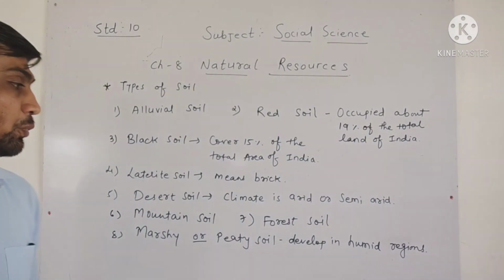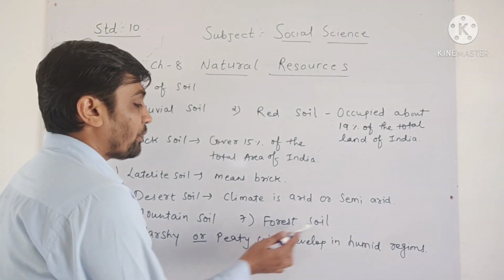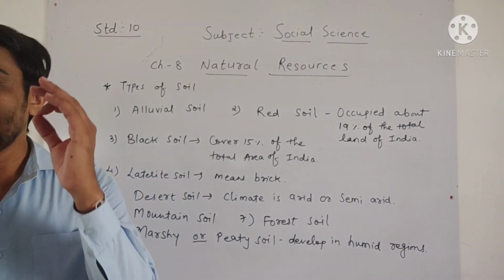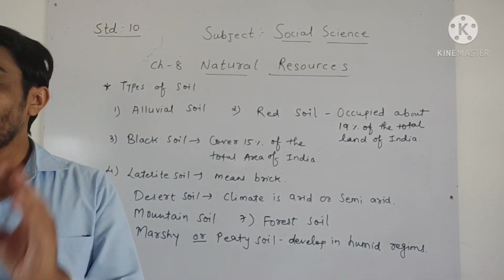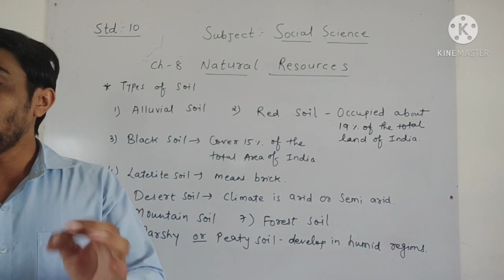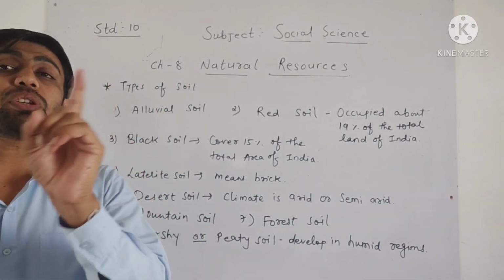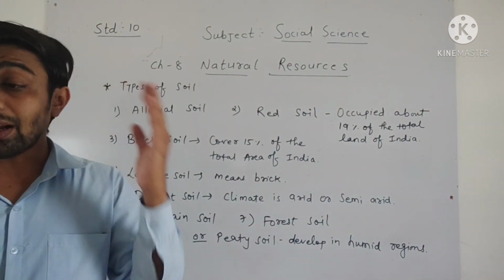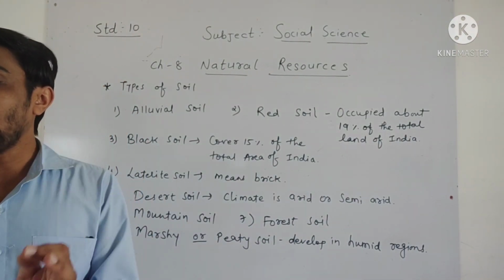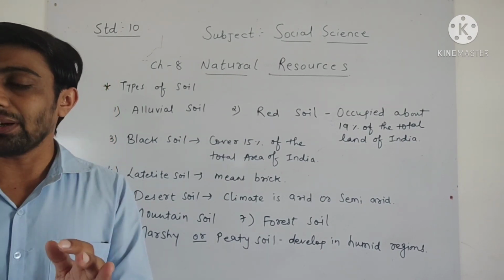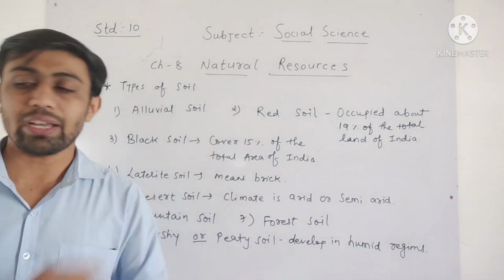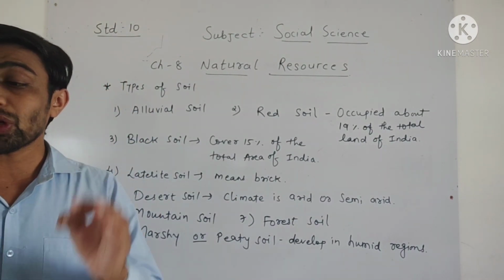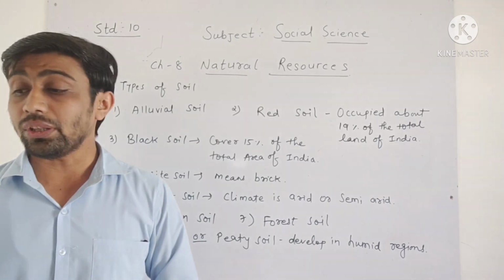Next, dear children, they have given the forest soil. This type of soil is found at an altitude, that is the height, between 3000 and 3100 meters. It is known as the coniferous forest of the Himalaya, and here Sahyadri, Eastern Ghat and the Terai region of the Himalayas are there.